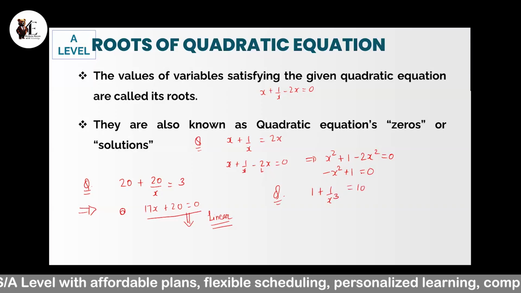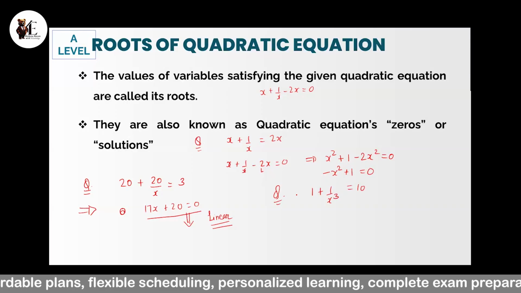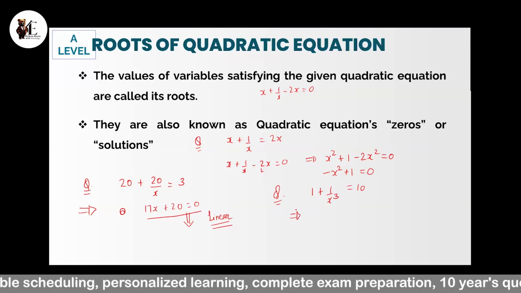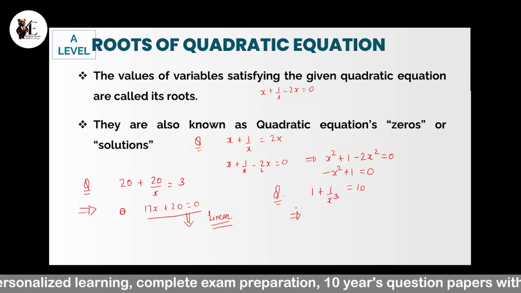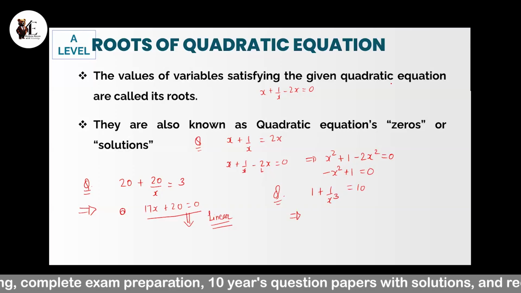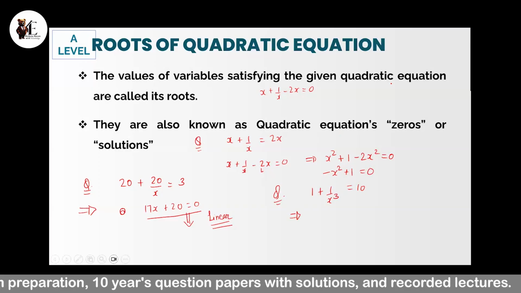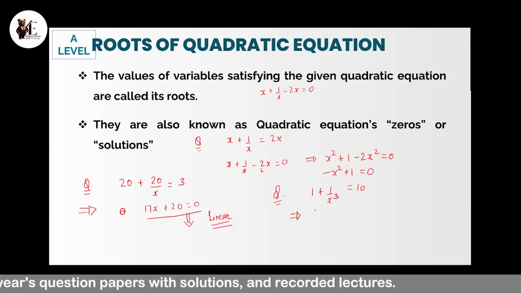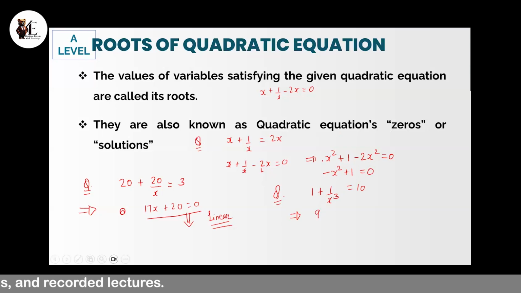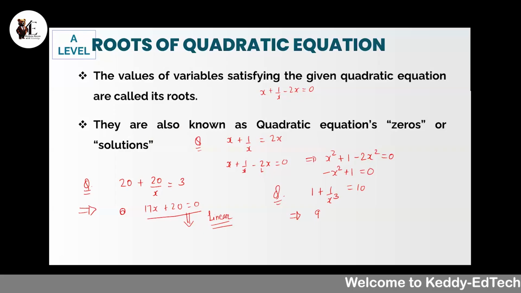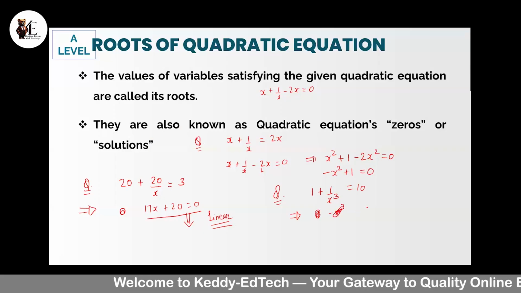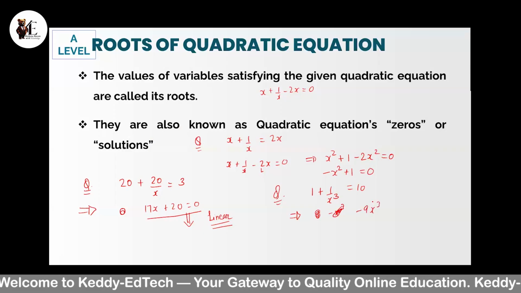What's your final answer for this one? Negative 9x cubed plus 1 equals 0.